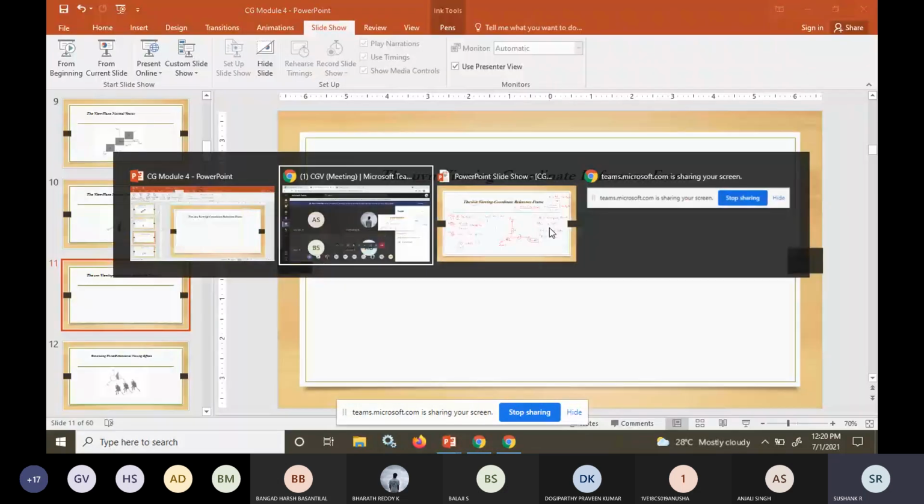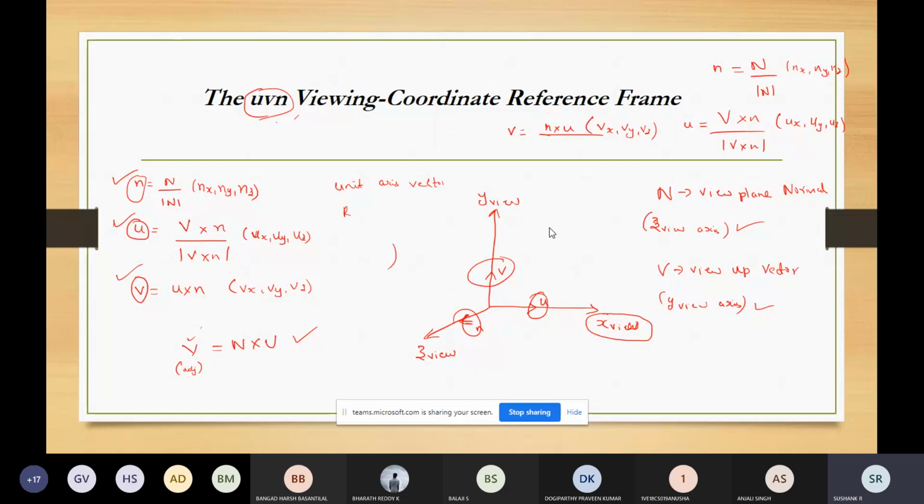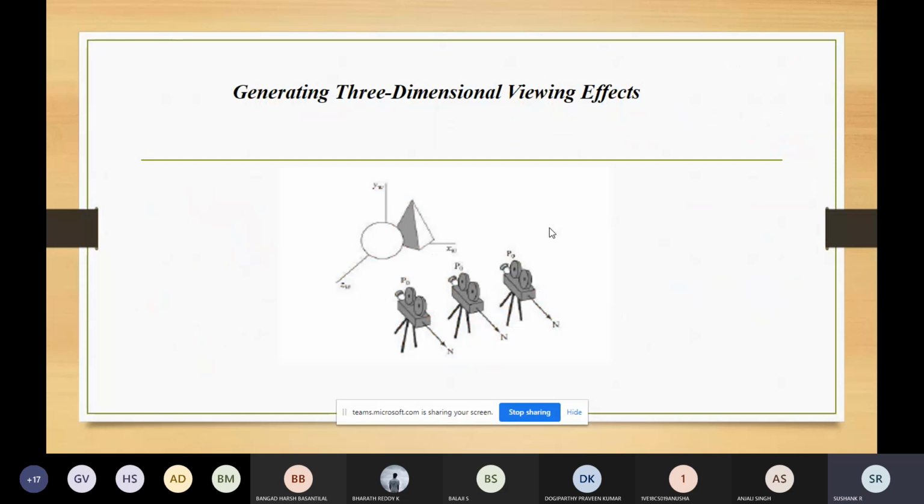Then we'll proceed with the next concept, generating three-dimensional viewing effects. For a 3D object, how can we generate the viewing effects?